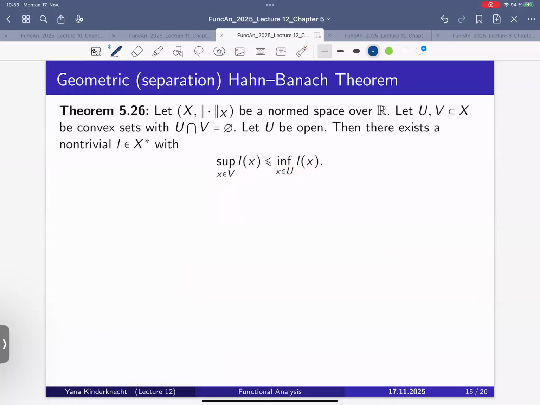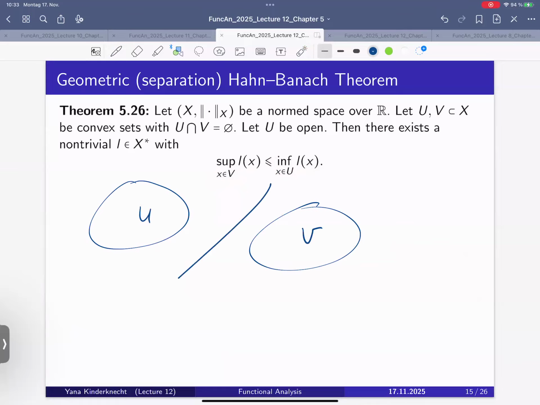So roughly speaking, we have two convex sets, U and V, and a linear functional L, and there is this hyperplane, so to say, which is the level set of the functional, which separates these two sets. Moreover, U is an open set, so it does not contain its boundary.